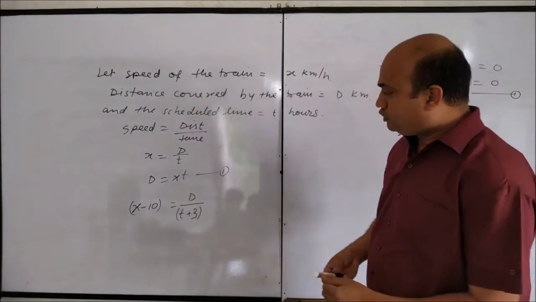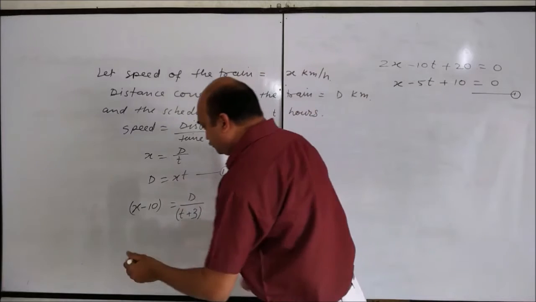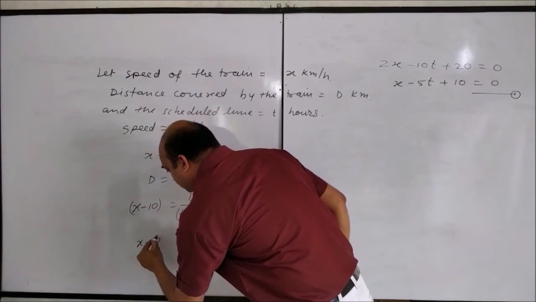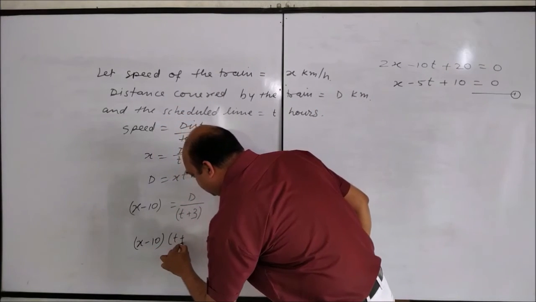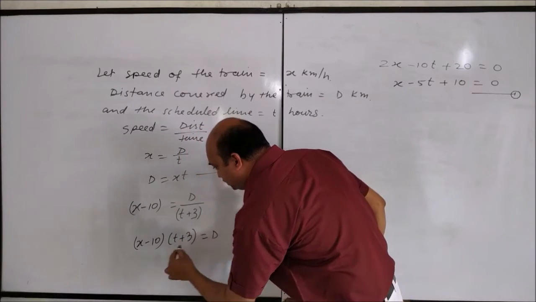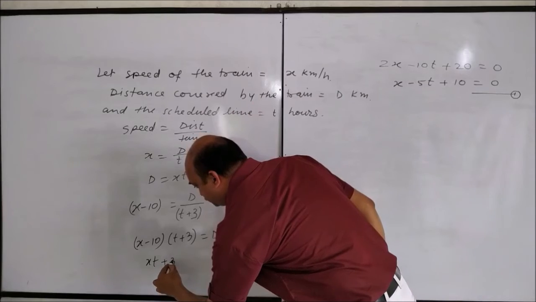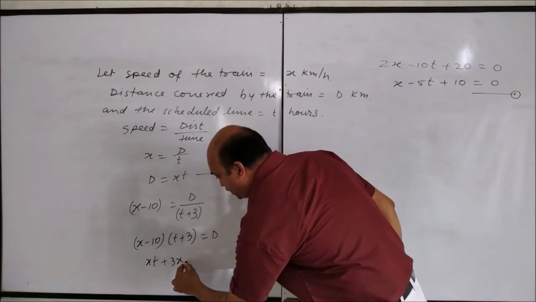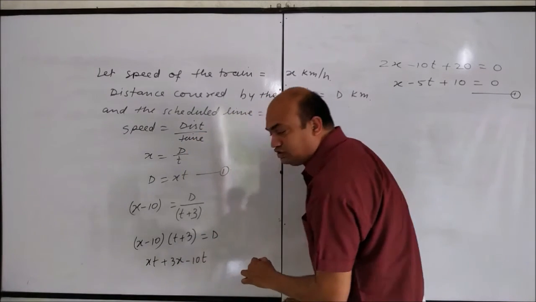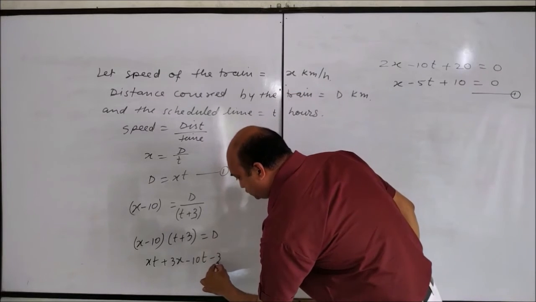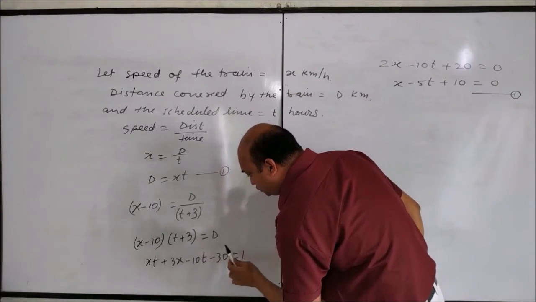You see, this we cross multiply here. This will be x minus 10 into t plus 3 is equal to d, that is xt plus 3x minus 10t minus 30 is equal to d.